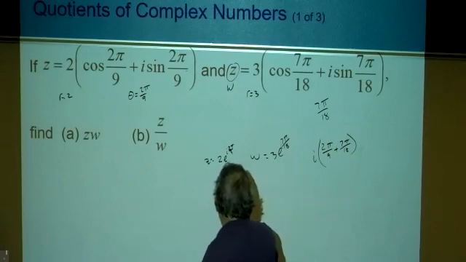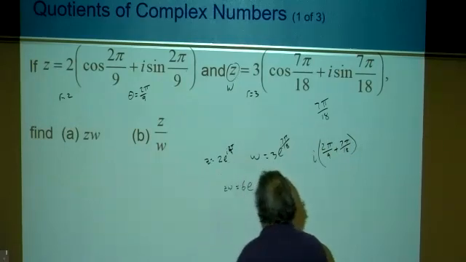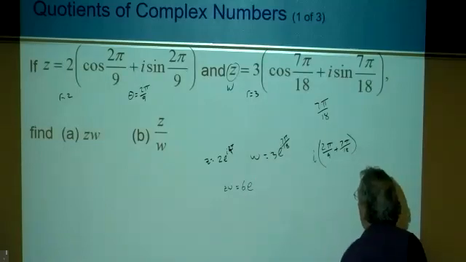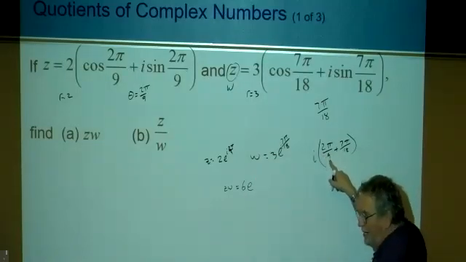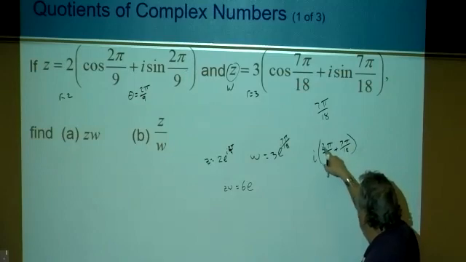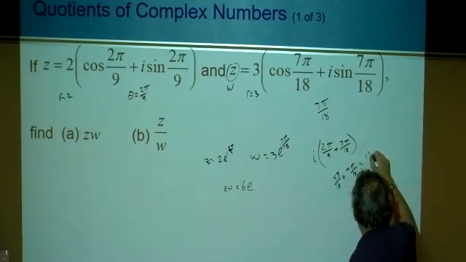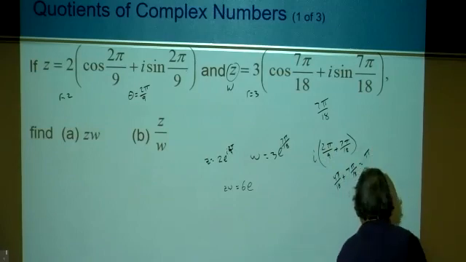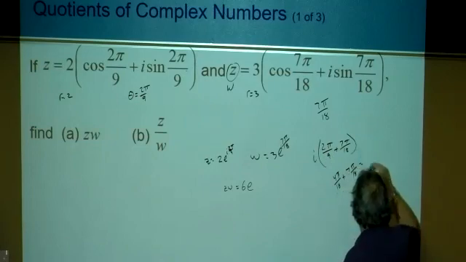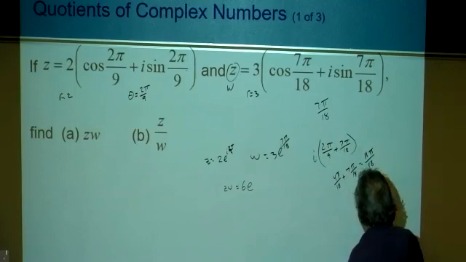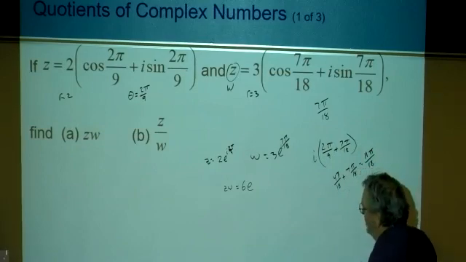So that's going to be z times w. I need the denominators to be the same, so I multiply the first angle by 2 over 2, which gives me 4 pi over 18 plus 7 pi over 18, which is 11 pi over 18, because 4 plus 7 is 11.